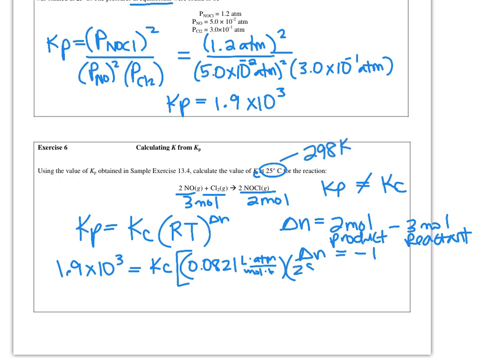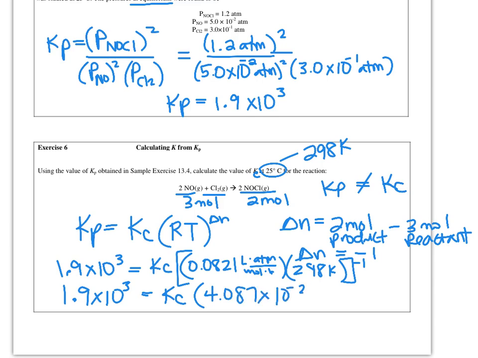We want to put it in Kelvin. And we're going to raise that to -1. So we're going to calculate the 0.0821 times 298 first, and then raise that to the -1, which is really inversing it. And so I get 1.9 times 10 to the third equals Kc times 4.087, whatever, something, times 10 to the -2.